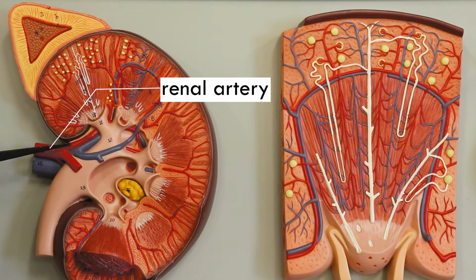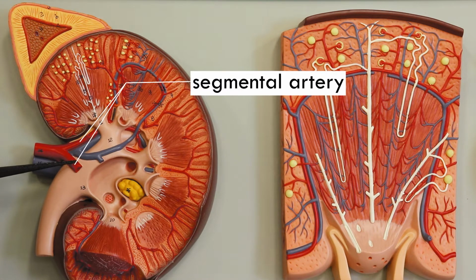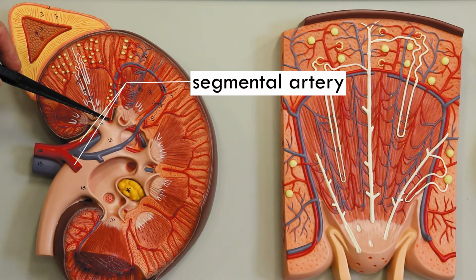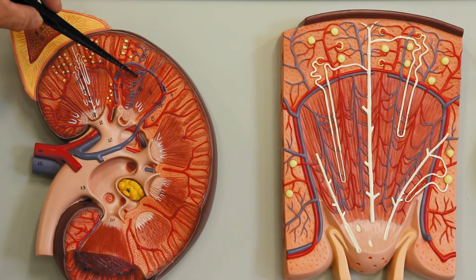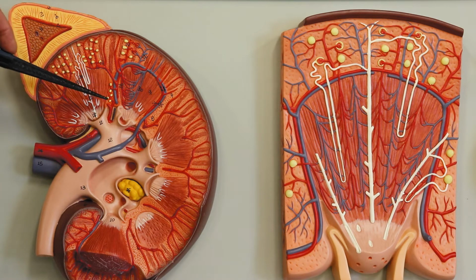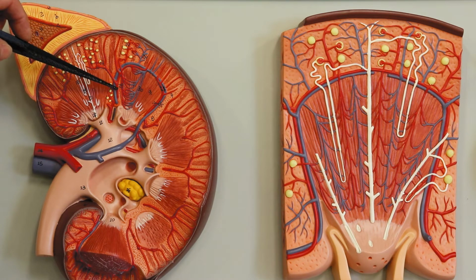The renal artery is going to branch into arteries called segmental arteries. The segmental arteries branch into arteries that go between the pyramids, and those arteries move within those spaces between the pyramids that we call the renal columns.